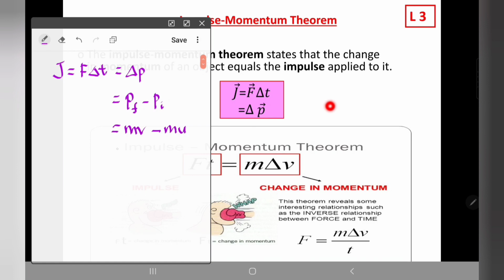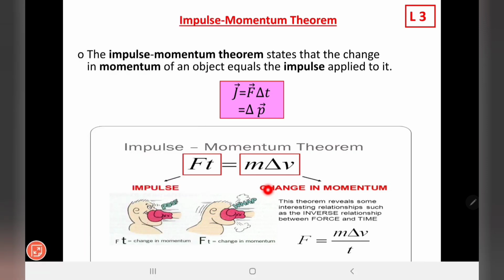Based on this, we may simplify it to m multiplied by v minus u, where v minus u represents the change in velocity, isn't it? We may simplify it to m delta v, still equal to F delta T. So this is the second equation we get from the impulse momentum theorem.